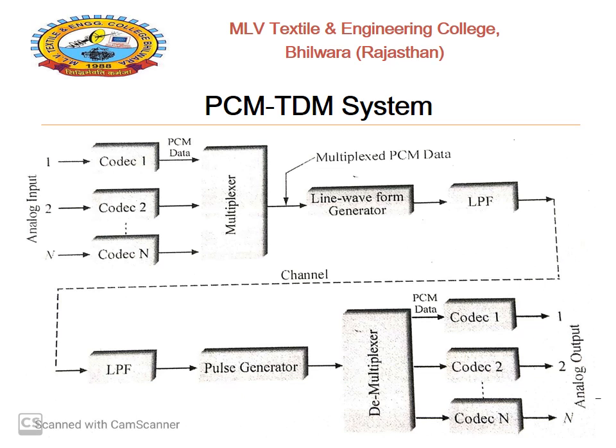One codec per channel is used in the PCM TDM system. The outputs from the various codecs are combined and multiplexed into a single bit stream by using a multiplexer. The bit stream is converted into a baseband waveform by using a line waveform generator. The low pass filter is used to band limit the baseband signal.